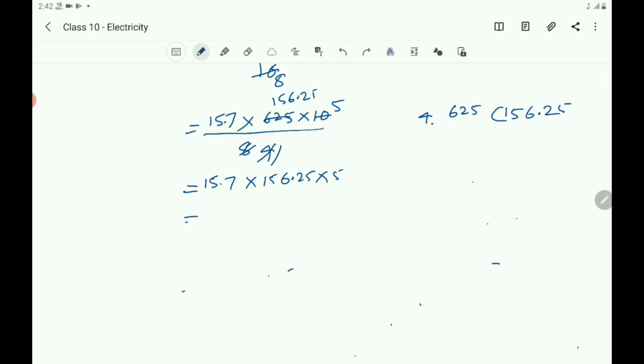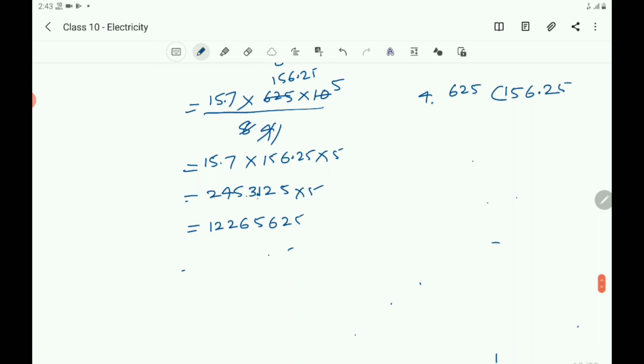You will get the product 245312, with 3 digits after the decimal point, so you write 2453.125, that into 5 equals 12265625.